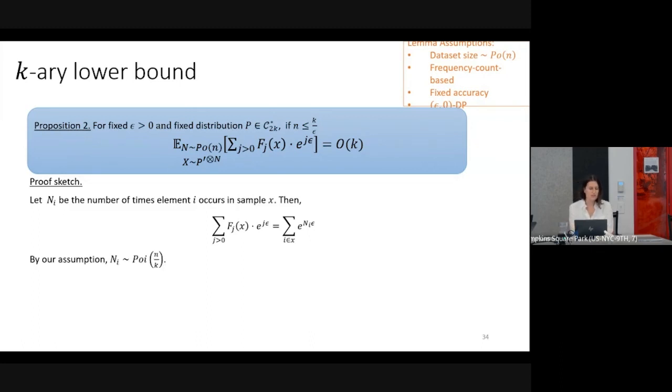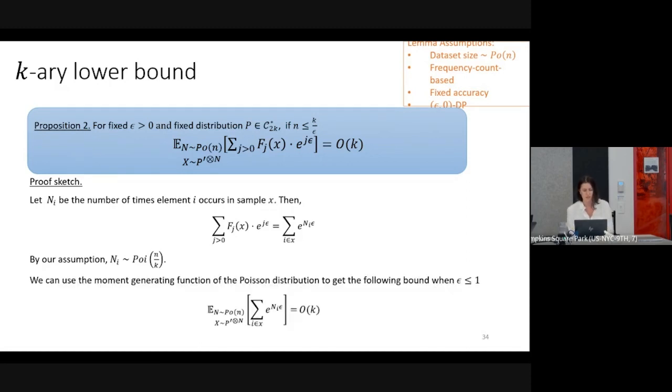Okay, and by our assumption, we said that the data set size is distributed as a Poisson, and each of the inputs are drawn independently. So n sub i is also distributed as a Poisson, Poisson of n over k. And so you can just use the moment generating function of the Poisson distribution to get the following bound when epsilon is less than 1 and when n is smaller than k over epsilon.